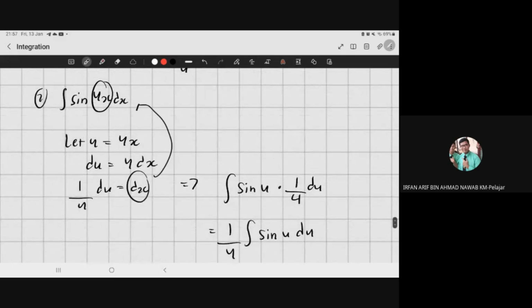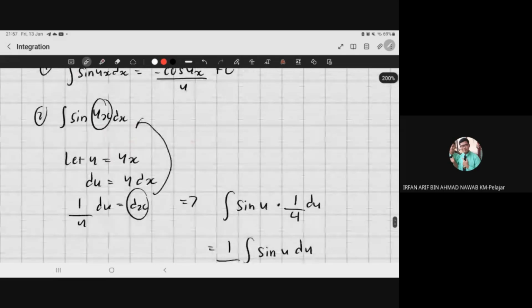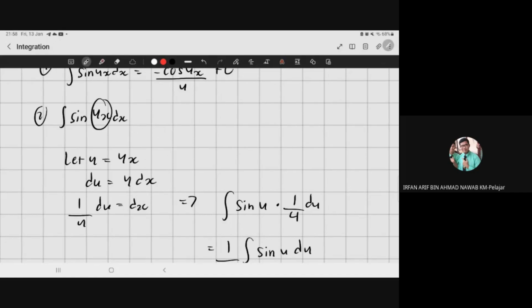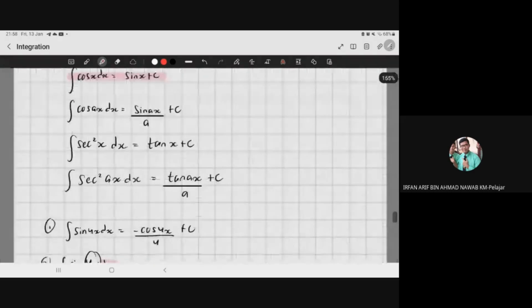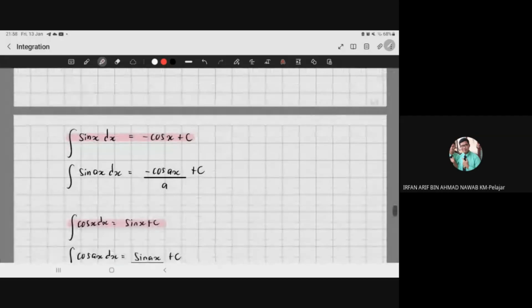Our main goal is to find a term which is similar in our integral when we use substitution. This is similar to this, so we could substitute it. That's what we call the substitution method. We could substitute in terms of u, and then from here we just apply the original formula, the ones I highlighted before.